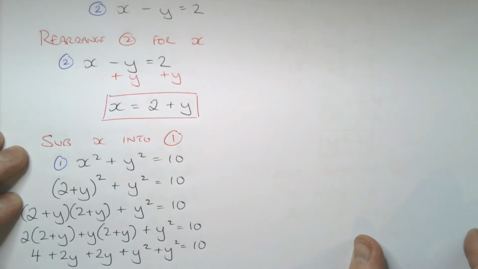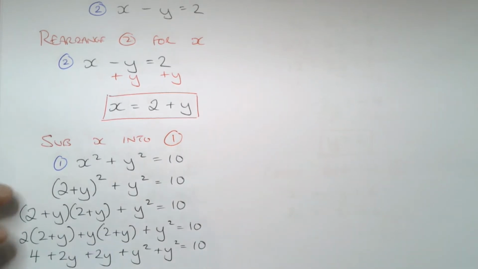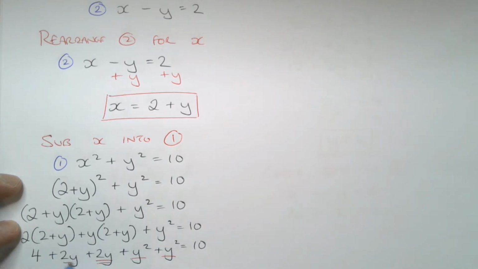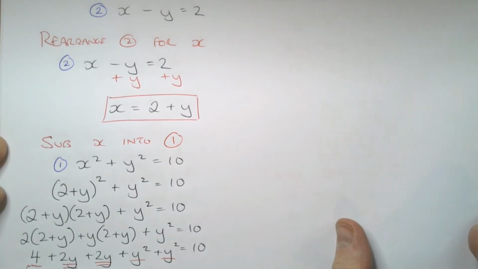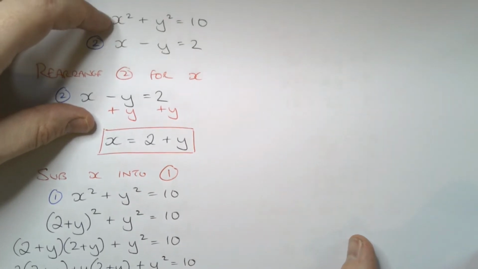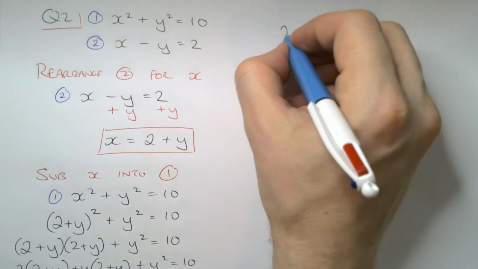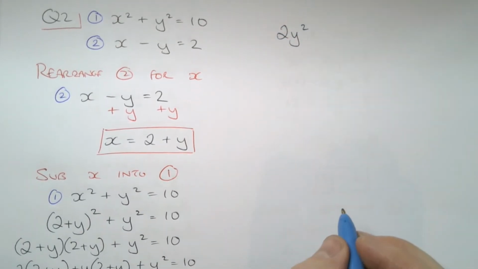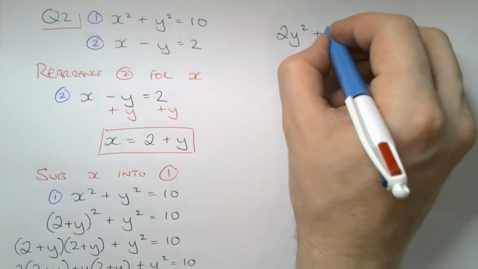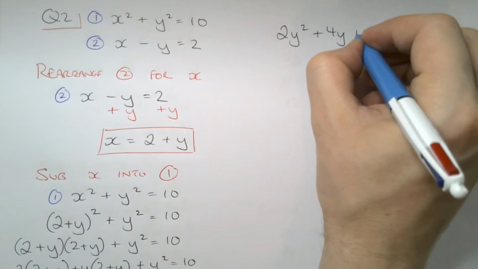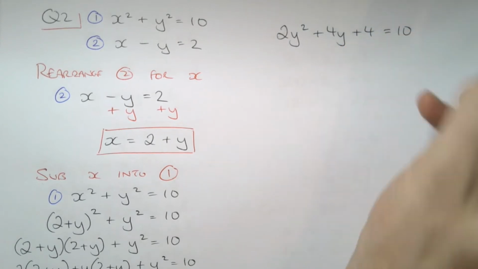I'm going to move up to this side of the page, but I'll just see what things add together. So I have y squareds, I have y's, and I have a number here and a number over here. I'll just do this left-hand side first. On the left-hand side, it's going to clean up to become, let's add the y's, 2y squared, plus 4y, plus 4 equals 10.